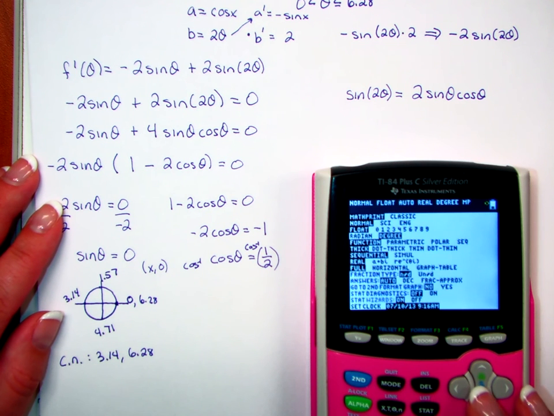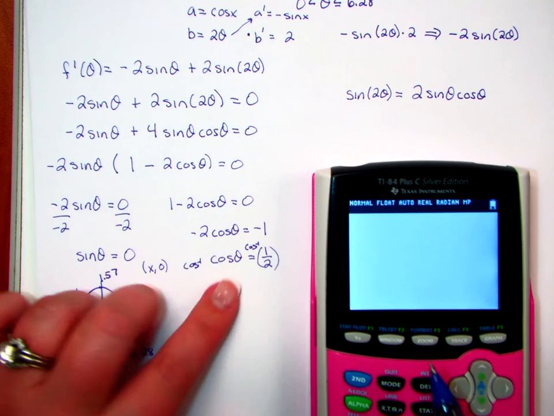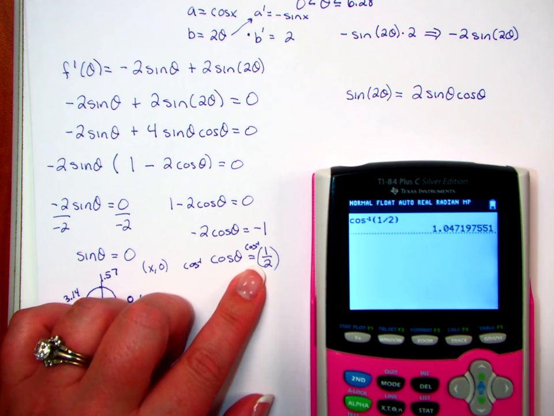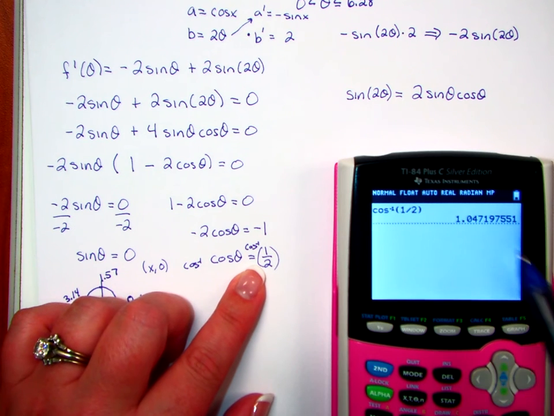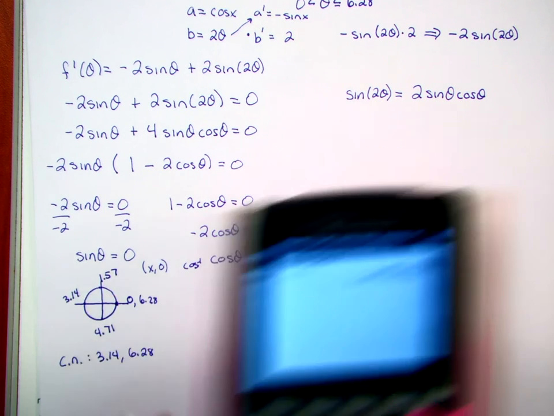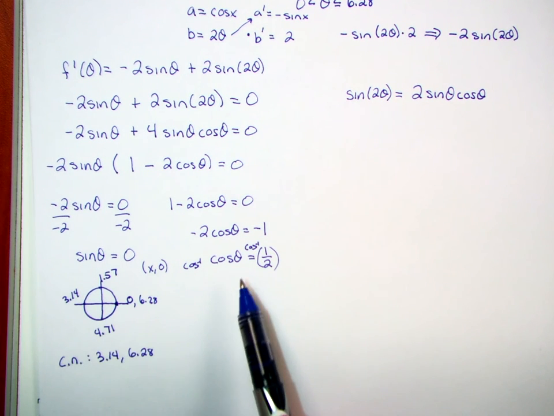So I'm going to change this calculator to radian mode. And then I'm going to insert cosine inverse of 1/2. I get 1.04719. So if I round that to 2 decimal places, we're looking at 1.05. That's the radian measure of the angle.